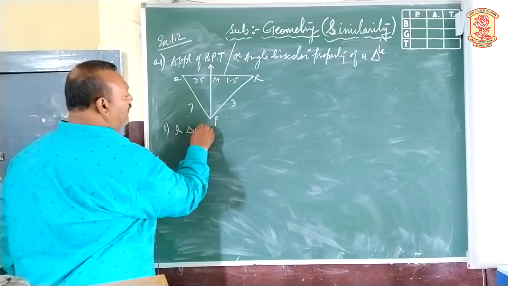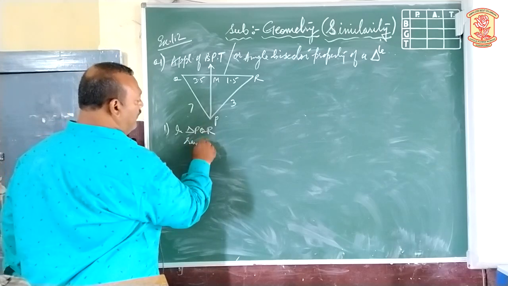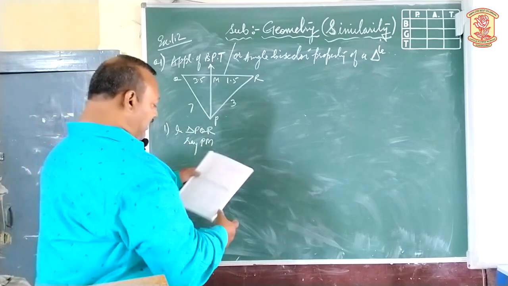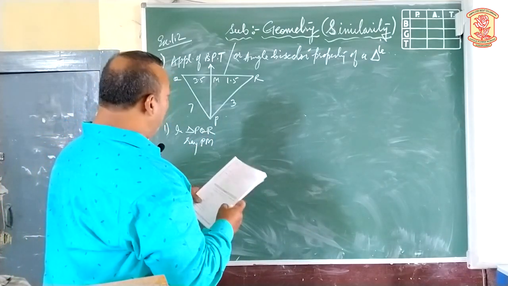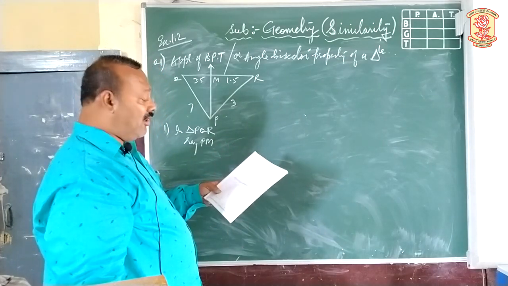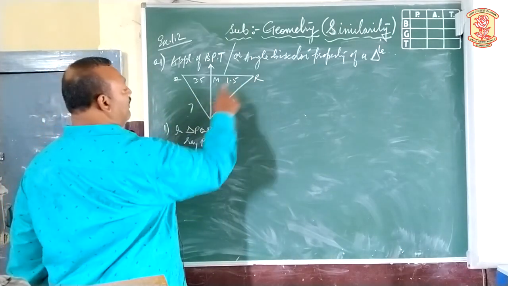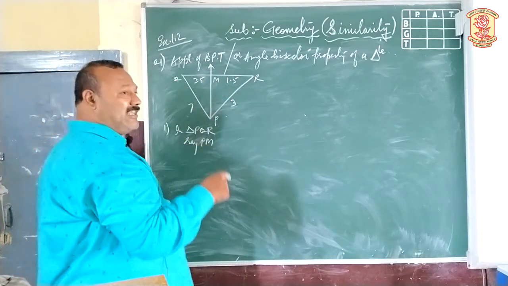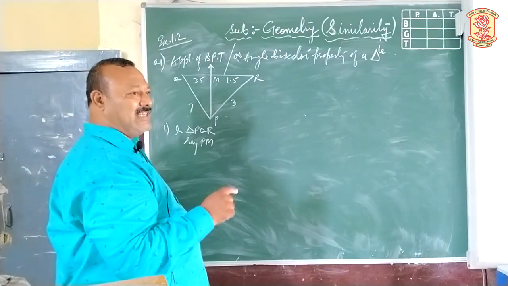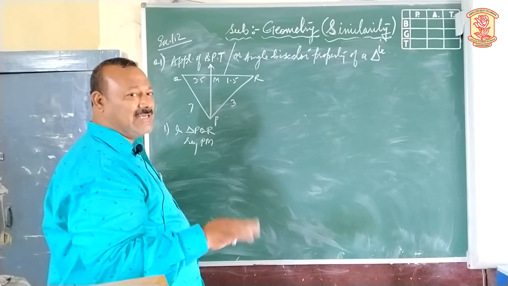In triangle PQR, ray PM, what is required in the sum? You have to decide whether ray PM is the bisector of angle QPR, that is, the angle bisector of angle QPR. You have to decide whether it is a bisector or not.